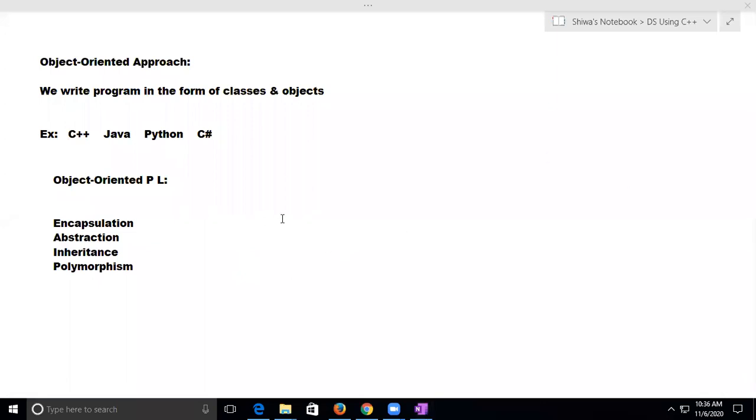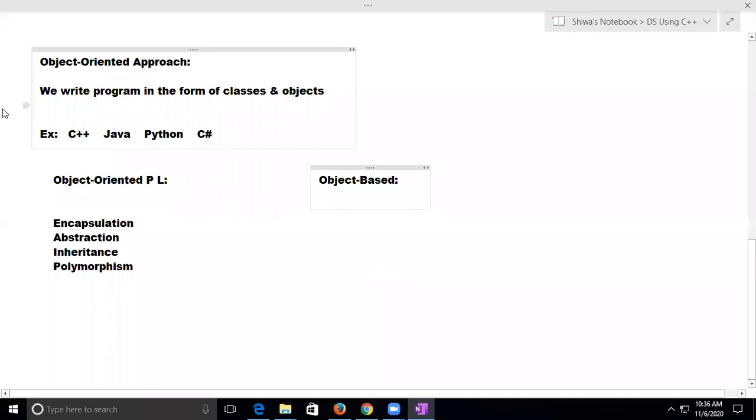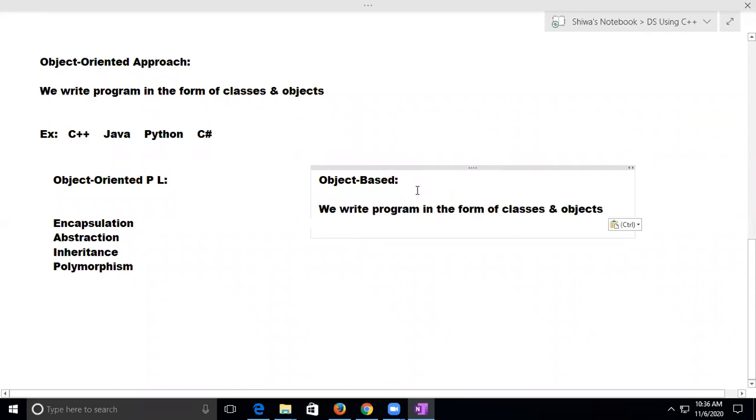Now you may ask, then what about object-based? Object-based means, here also we write the program in the form of classes and objects only. But we cannot establish relationship between classes. Establishing relationship between classes is called what?